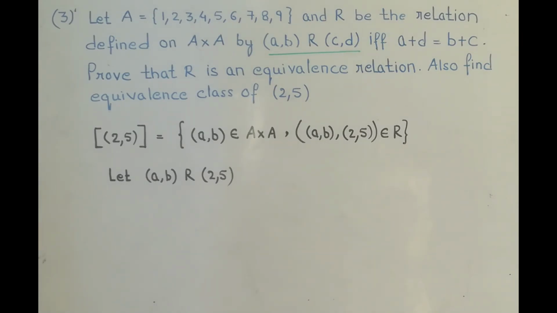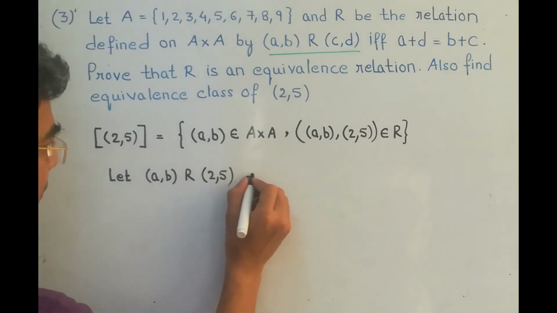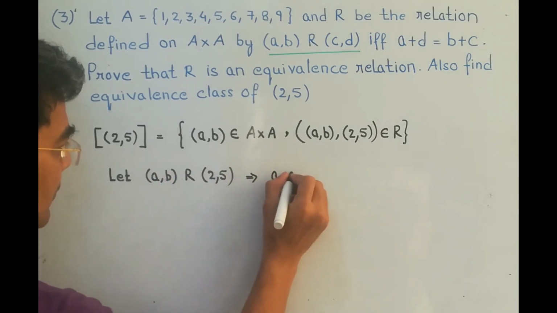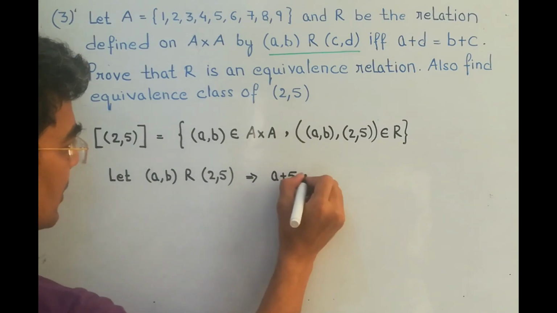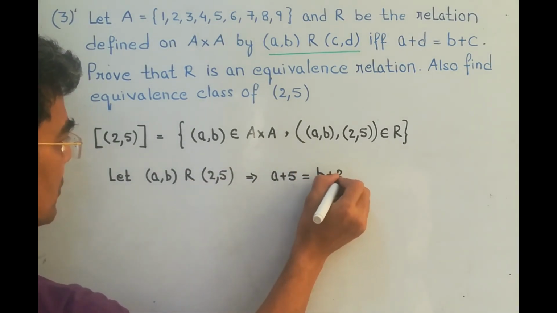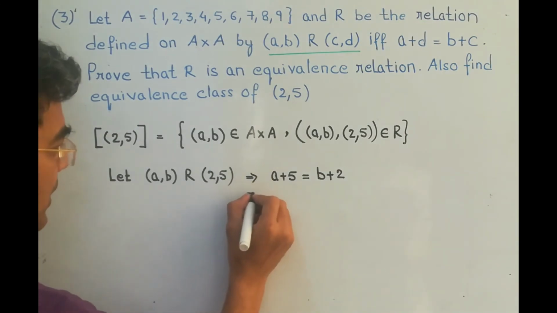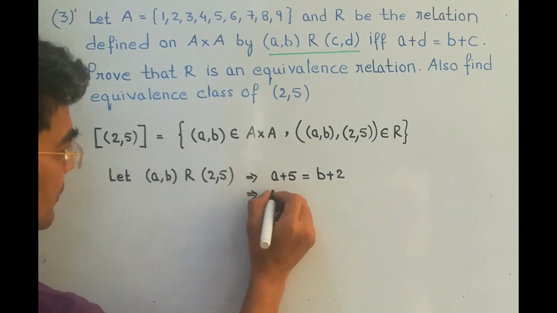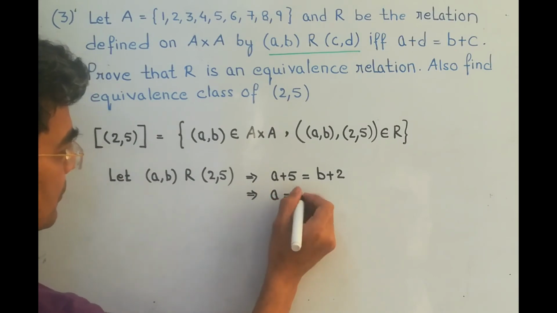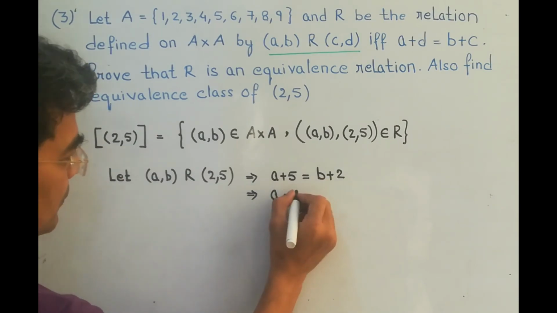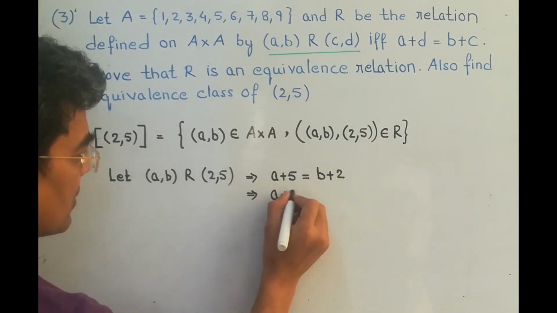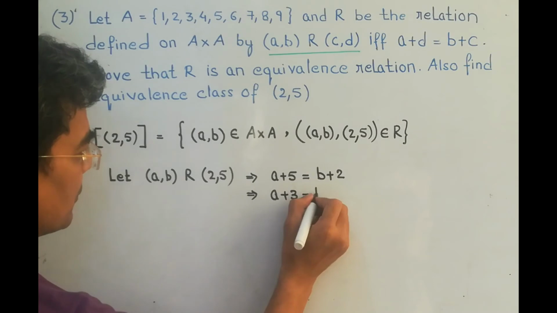The result will be a plus 5 is equal to b plus 2, or we can get a plus 3 is equal to b.